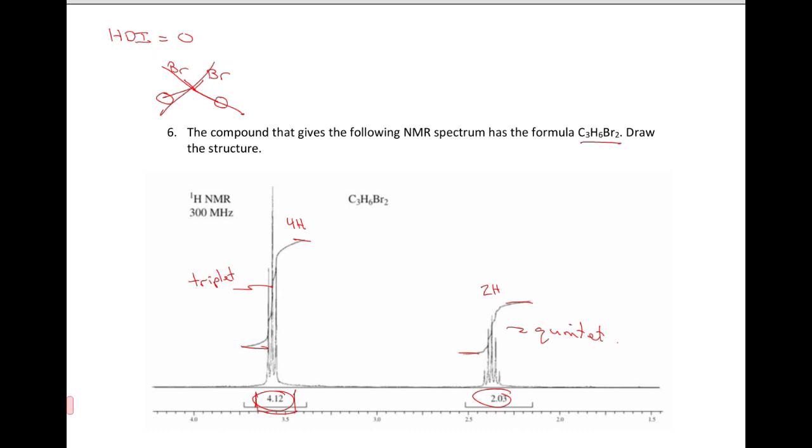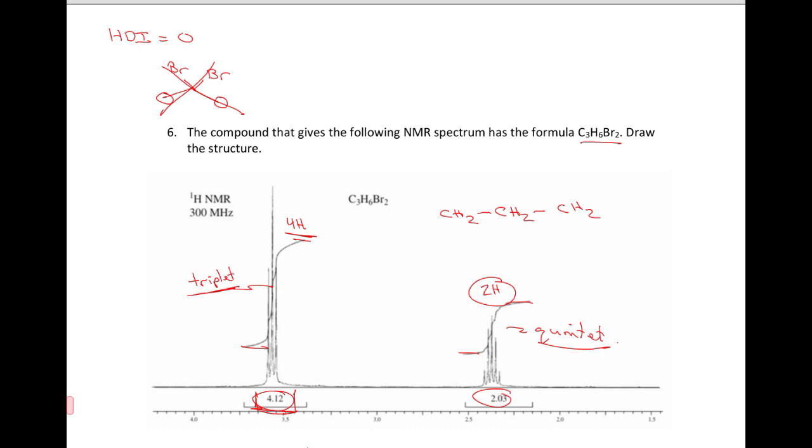If the 2 protons are split into a quintet, that tells you that you must have a CH2, and it must be next to 4 protons. So the only other possibility is to have them connected like this, because again, there's no such thing as a CH4. So this triplet represents 2 CH2s.